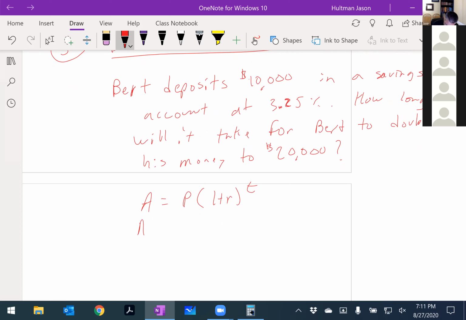So A is equal to, well, let's plug in what we know. I'm going to invest $10,000, at 3.25%, so 0.0325, over a certain number of years. And what I'm really looking for here is the years, the years that it's going to take to double this money.